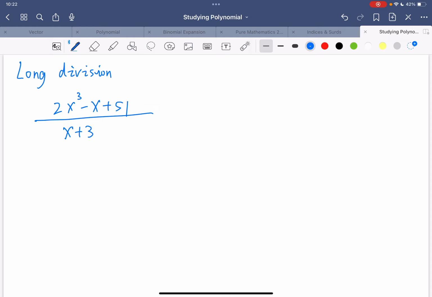So how can we do that? Here is the fundamental procedure in solving this. Look at the right hand side. We just copy the expressions here, and then we use this symbol to represent long division.